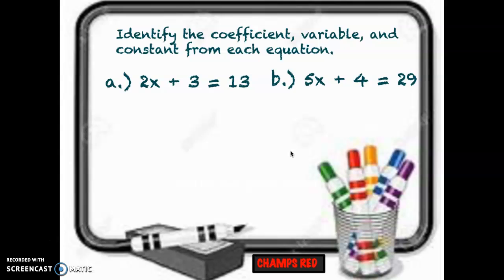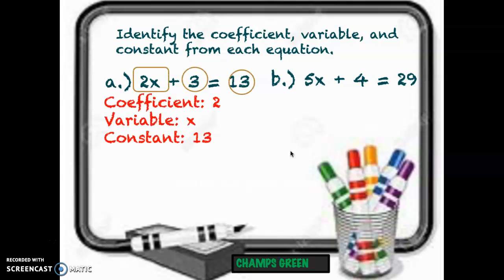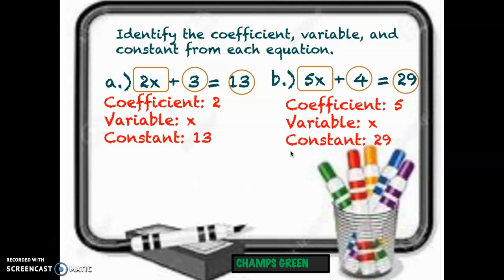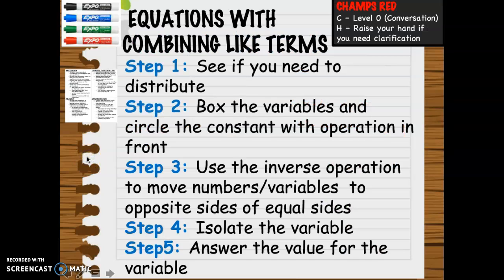For these two, again, pull out your coefficient, your constant, and your variable. For this one, my coefficient's 2, my variable's x, and my constant's 13. For B, my coefficient is 5 because it's attached to my variable. My x is my variable, and 20 is my constant.